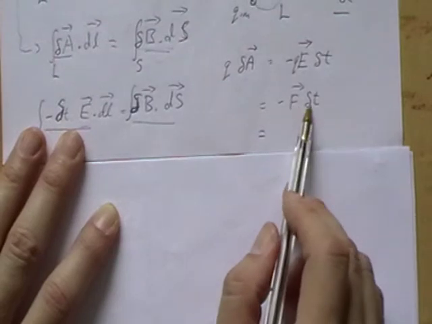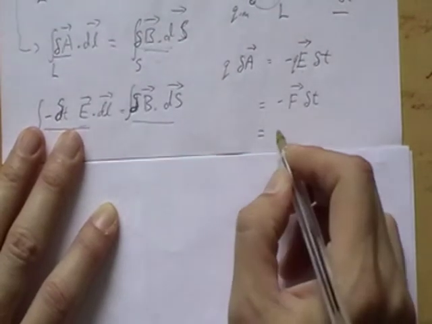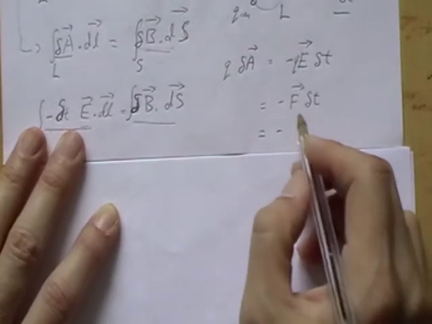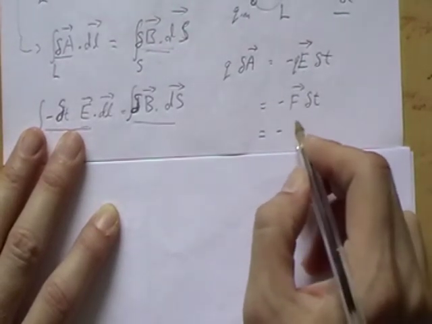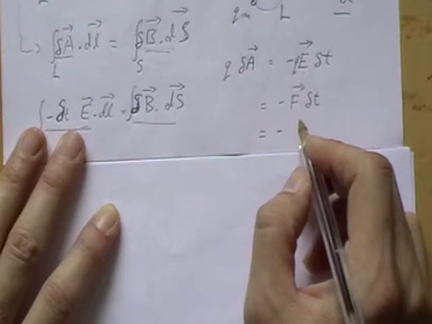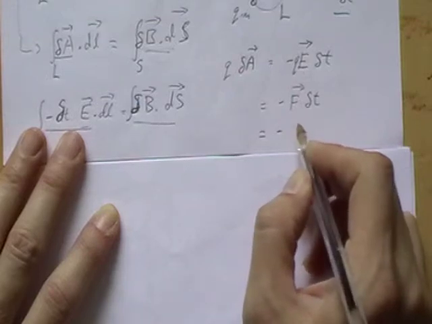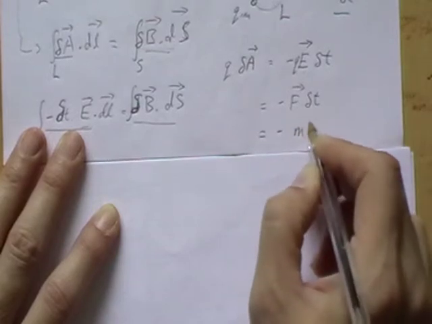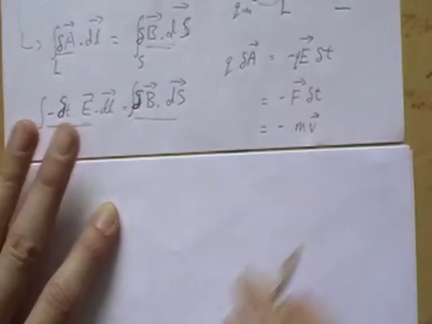Force times time is the impulse, and according to Newton's second law, the impulse on a particle is equal to the change in momentum of the particle.